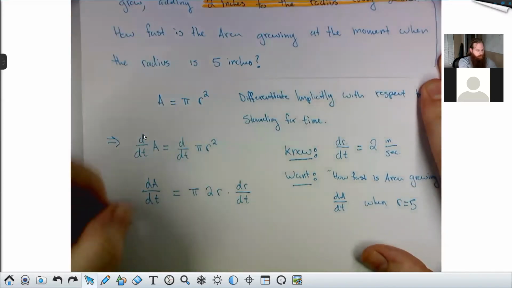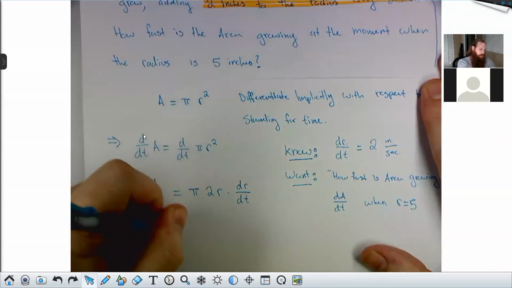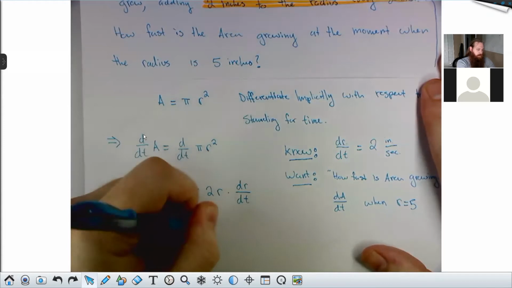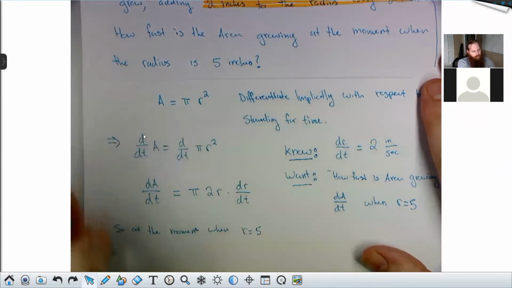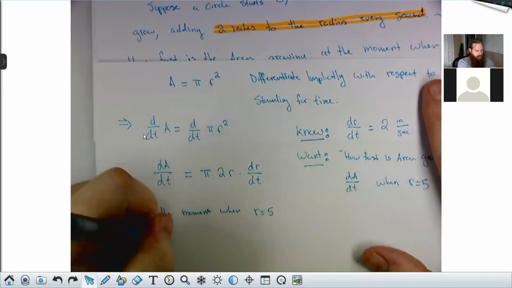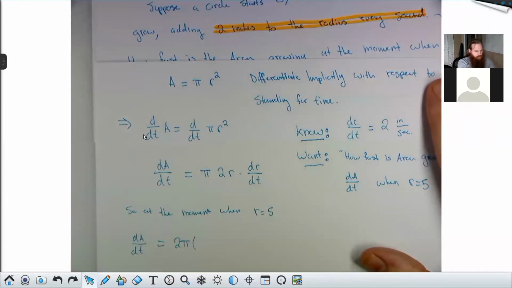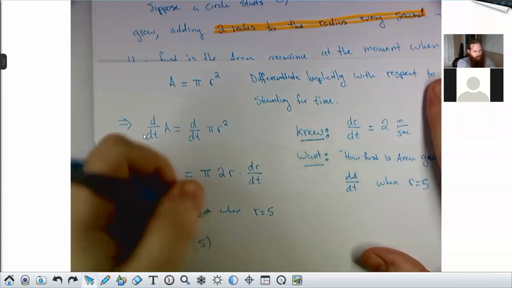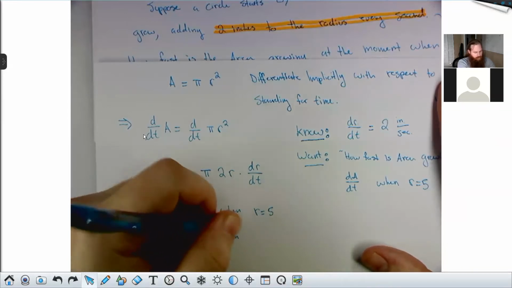So at the moment when r equals 5, dA dt is equal to 2 pi times the radius, which is 5, times 2 inches per second.